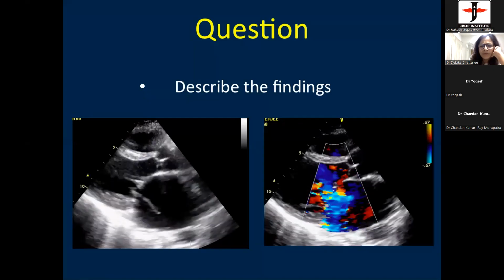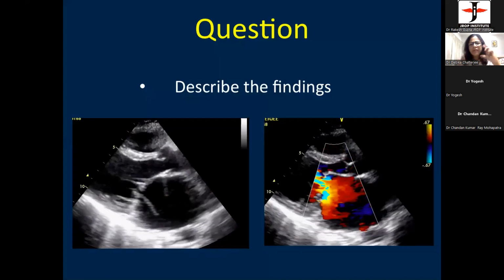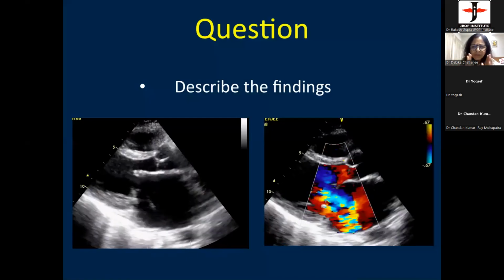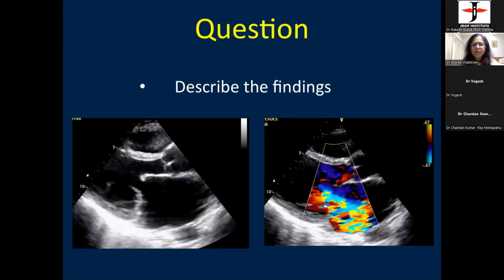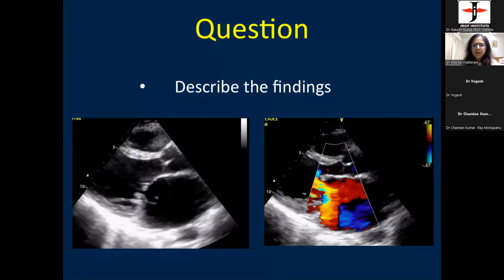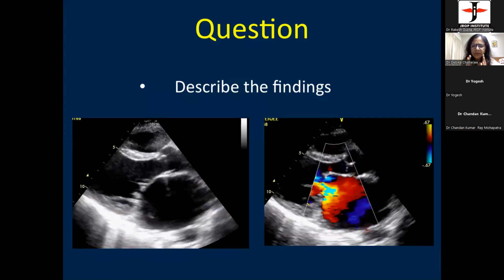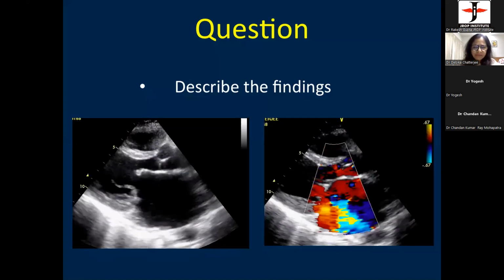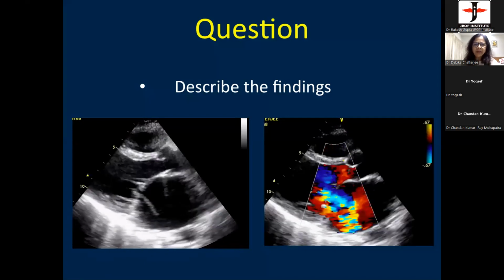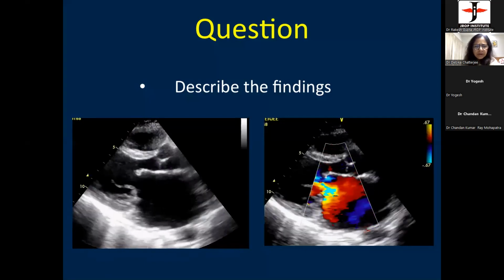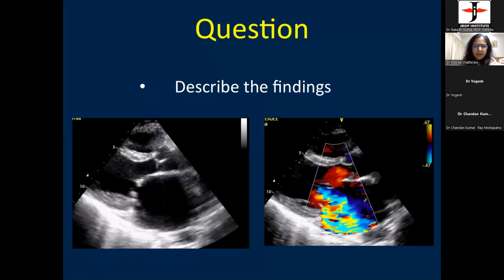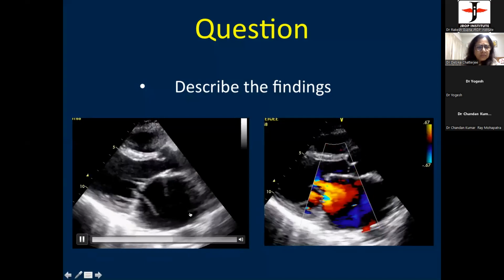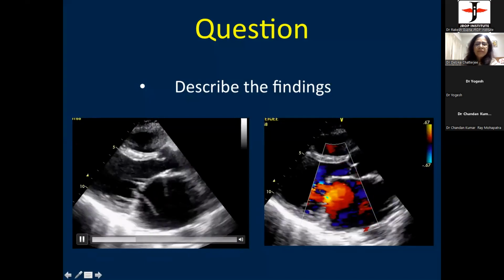You can't appreciate the doming here because the valve is very short. What is another problem? It's not only the chordal rupture which is a sign of MR; there is another finding indicating the presence of MR. Even if I look at the 2D picture, I can say yes, there is. We'll give you a hint: AML.